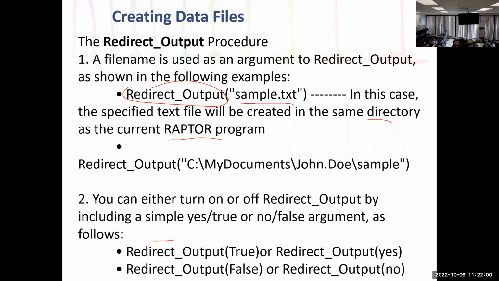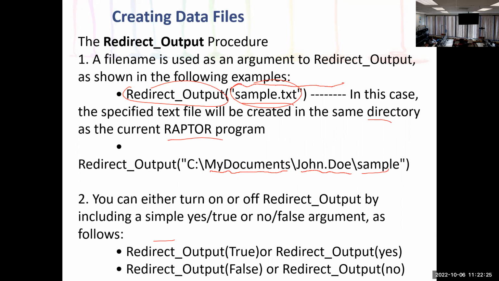If you want to specify the directory, you have to put the specific path here. For example, if you want to store the file in My Documents, John, and Sample, you have to specify it. Otherwise, if you only use the file name, it will be stored in the same directory as the Raptor program.